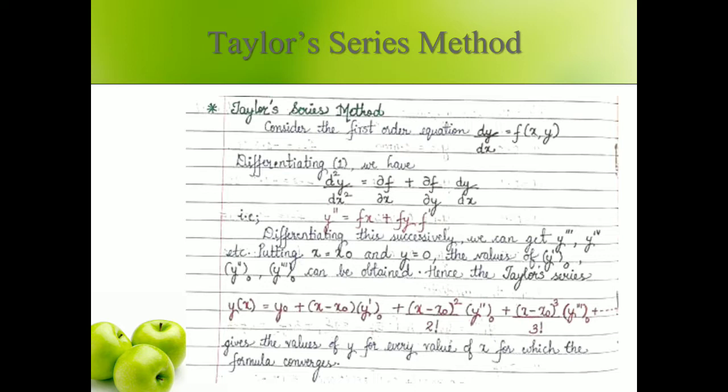Putting x equal to x naught and y equal to y naught, the values of y dash naught, y double dash naught, y triple dash naught can be obtained.